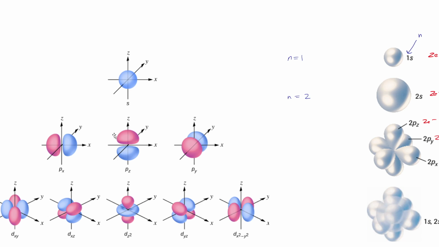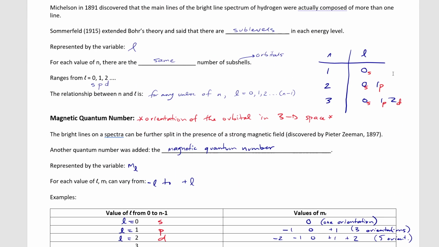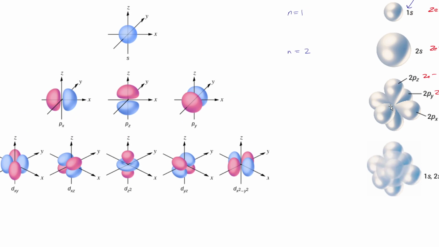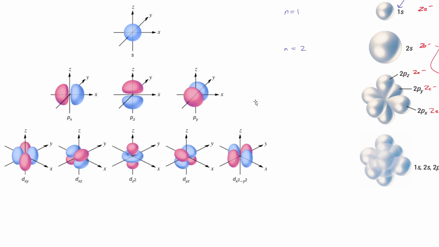When we take a look at n equal to 3, we have an s orbital, we have the p orbitals, and we also have the d orbitals, each of which contain 2 electrons. So when n is equal to 3, we have an s orbital containing 2 electrons, these p orbitals, each containing 2 electrons, and then these d orbitals, each of those containing 2 electrons.